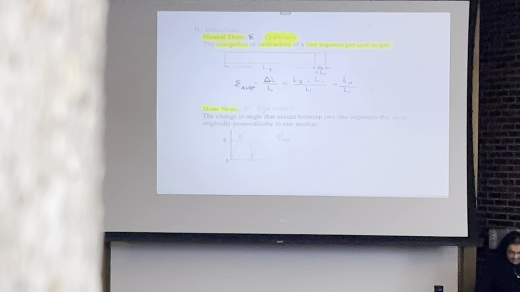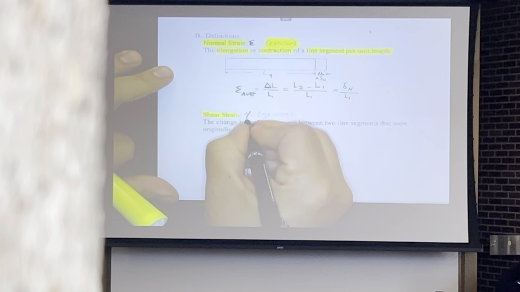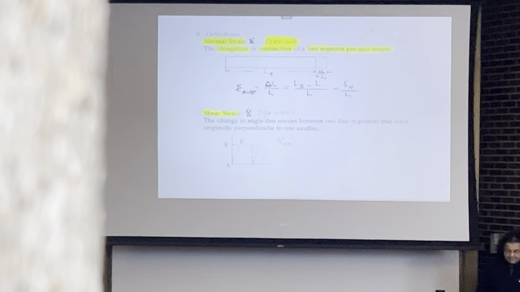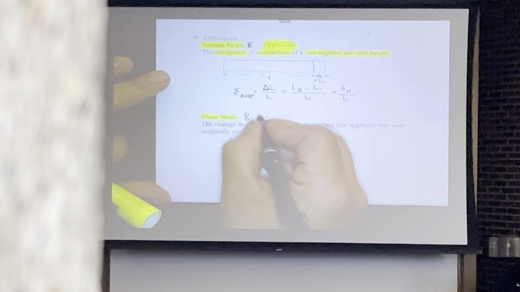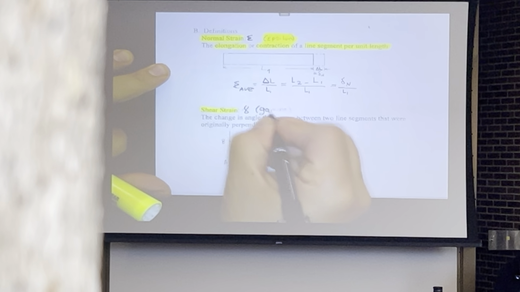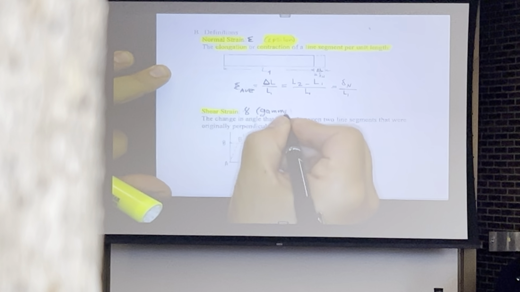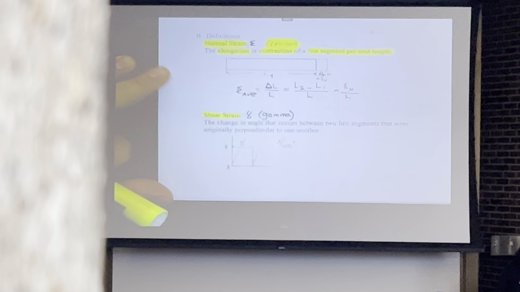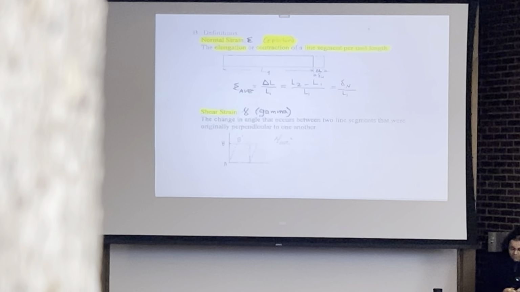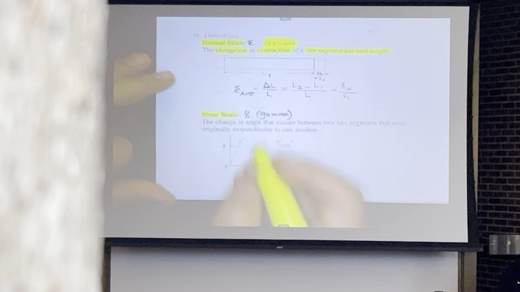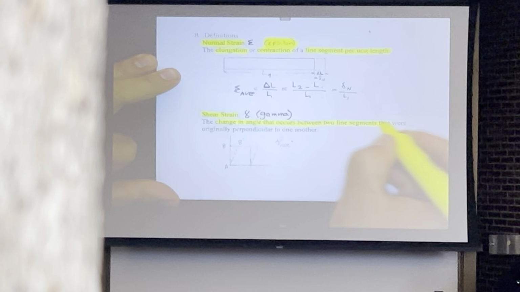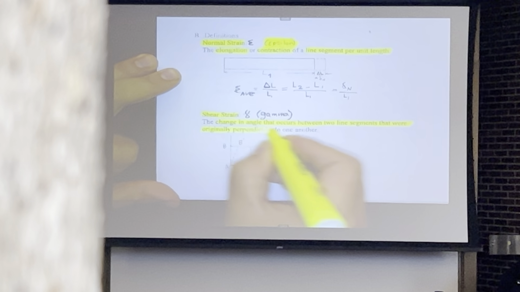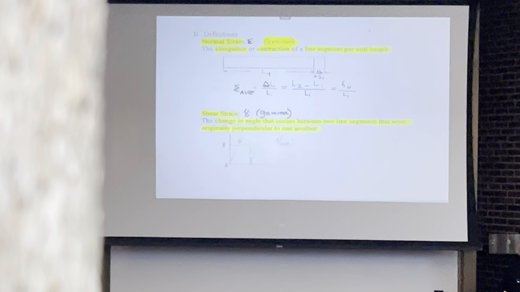We show it with the Greek letter gamma, that I write like this. Gamma. We're going to define it as the change in the angle that occurs between two line segments that are originally perpendicular to one another.